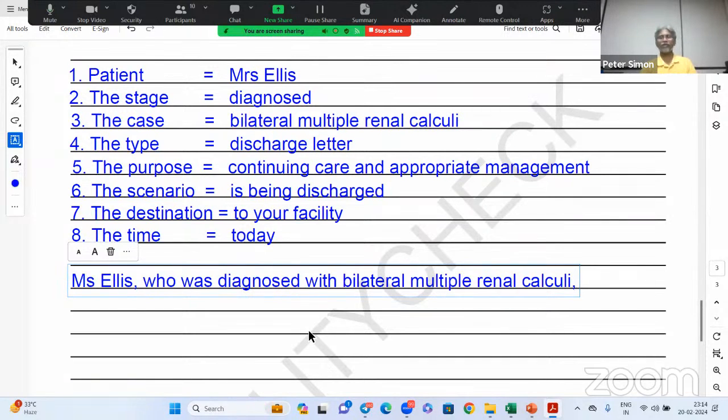See, I made a mistake unknowingly. I corrected it now. If you check, we can make corrections. Miss Ellis, who was diagnosed with bilateral multiple renal calculi, okay, till there is okay.